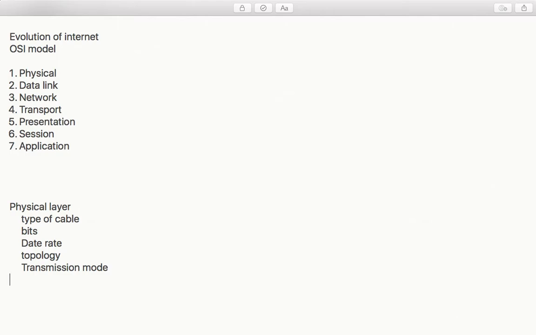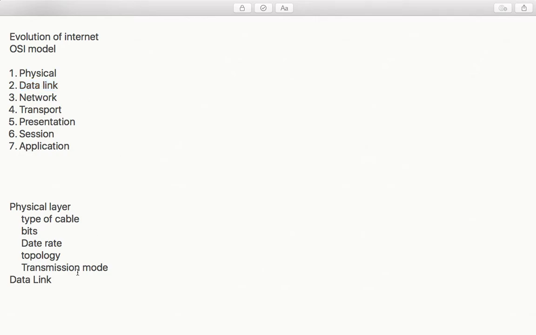Now we'll move to the next layer, that is the data link layer. As I said, the data in the physical layer is represented in the form of bits. After the physical layer, the data will move to the data link layer, right?